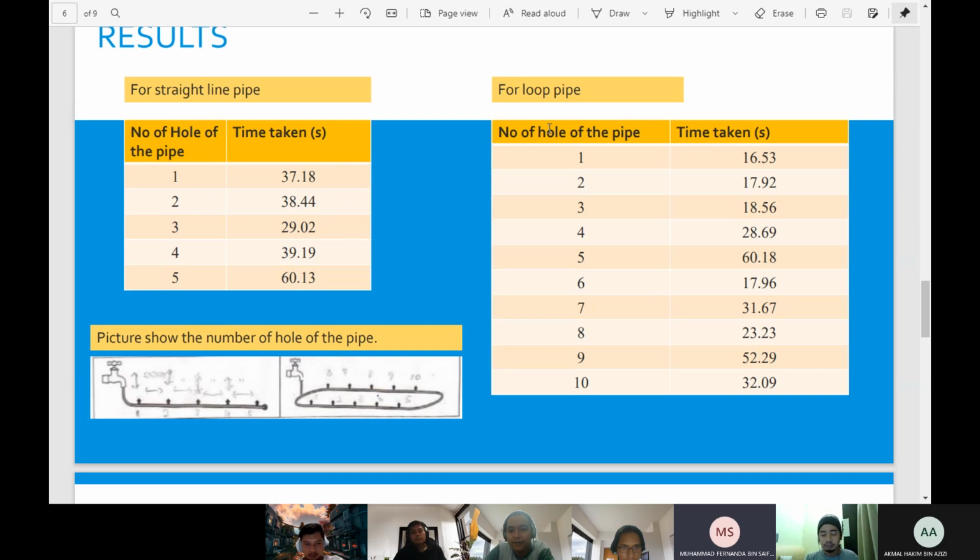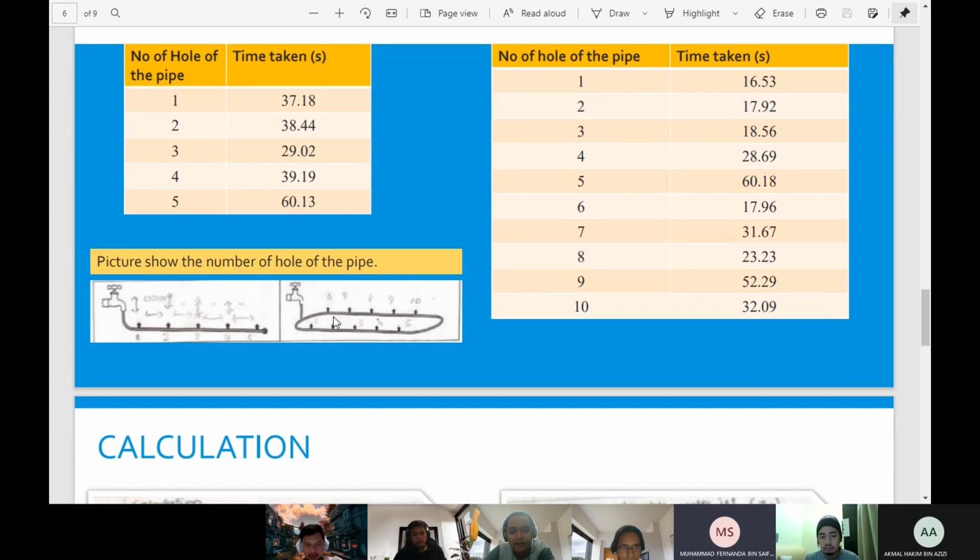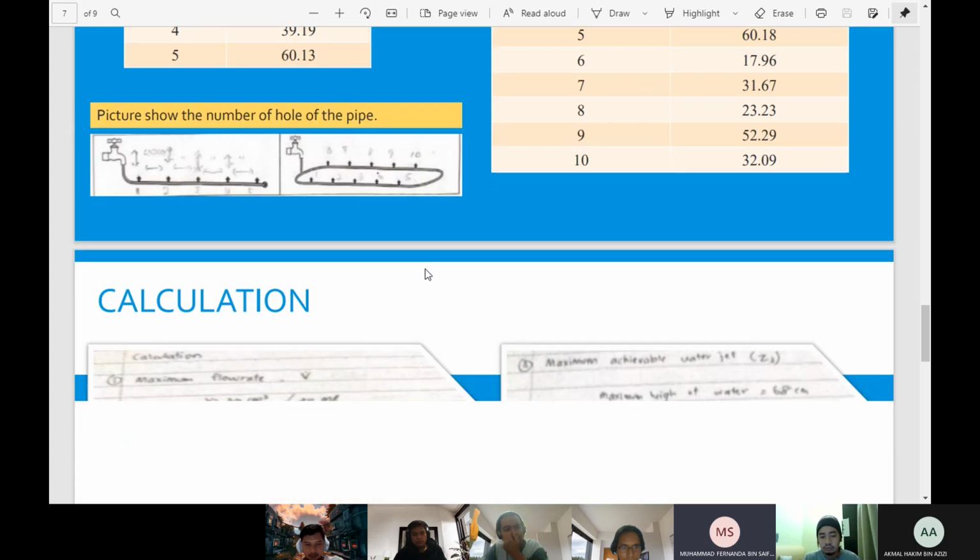For the loop pipe, as we can see, we make 10 holes with a distance of about 20 mm. So the time taken is 16, 17, 18, 28, 60 and 17, 31, 23, 52 and 32.09. So this is the picture of the holes for the straight line and the loop line pipe.